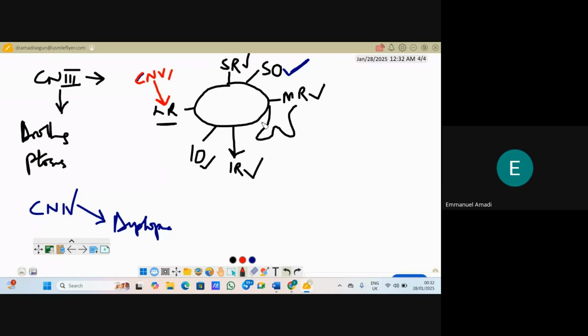If you are by my side and I want to look at you without moving my head, it is my lateral rectus I will use to move my eyes to look at you. So if there is a problem with the abducens nerve, which is cranial nerve 6, the lateral rectus muscle will not work. So the person will have a defect in lateral gaze or horizontal gaze.